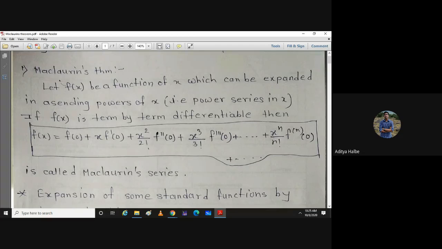But sir, I already know the expansion. Of which function? e power x. How do we get that? That we are studying. You already know the series of e raised to x. What is it?